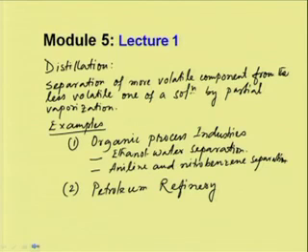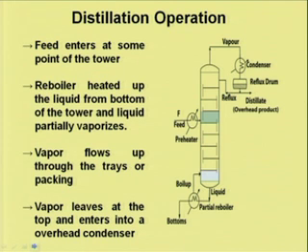A typical distillation column looks like this. This is a tray column where the heat enters at some point on the tower, either in the middle or at some point, and feed is preheated and then fed to the tower.